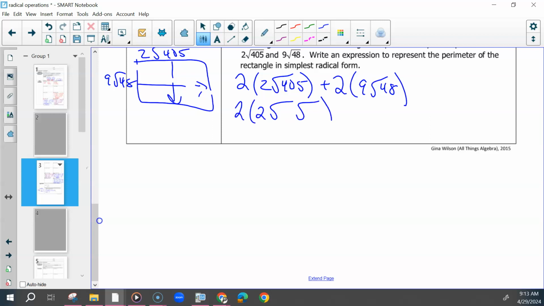What is the highest perfect square that goes into 405? 81 and 5. Right. And then for 48, 8, 6, those work, but they're not the highest.